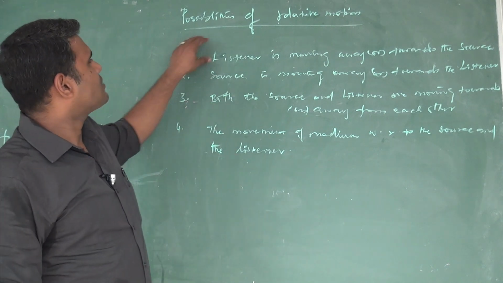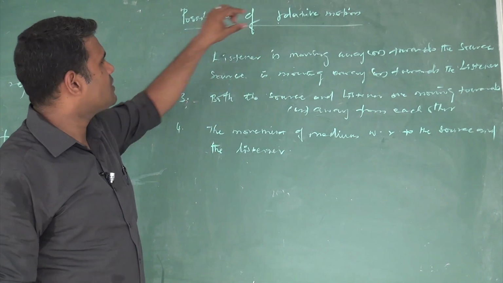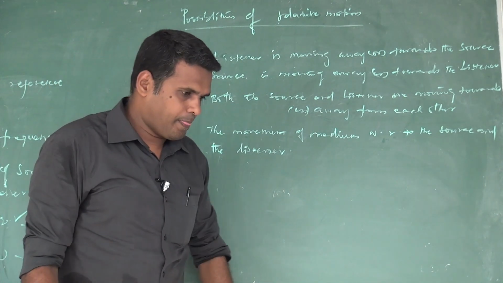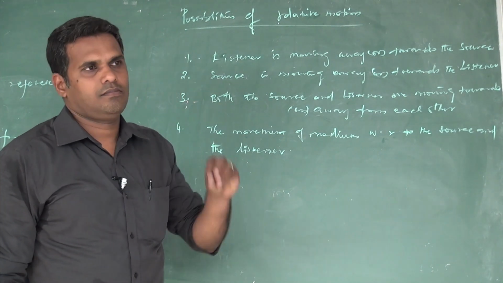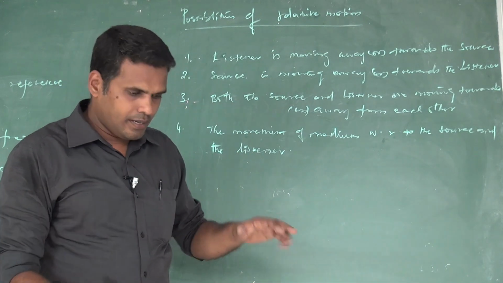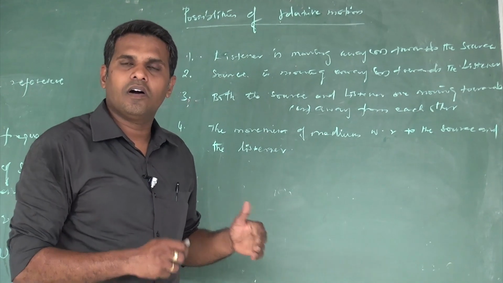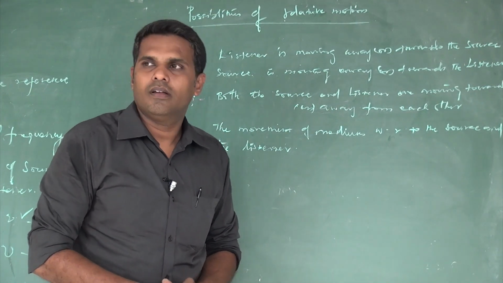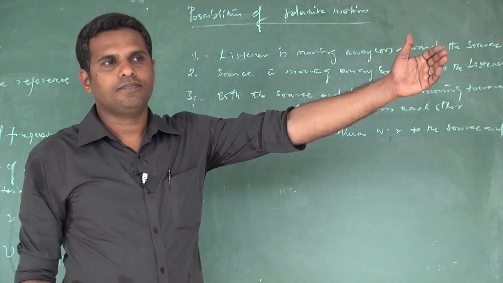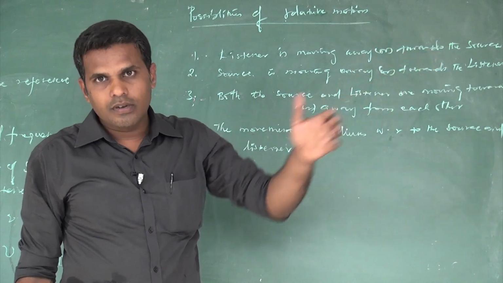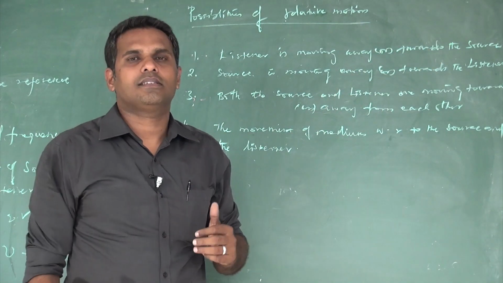We shall have some simple examples. Listener is moving away or towards the source. Let us say a driver in a car is blowing the horn, keeping the car in idle condition. You are at a far off distance, you are hearing the sound, and you are moving towards the car which is at rest.